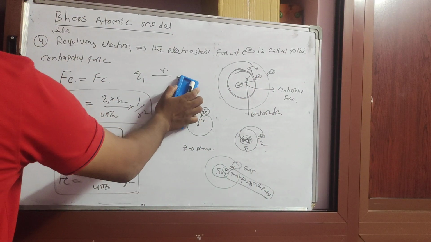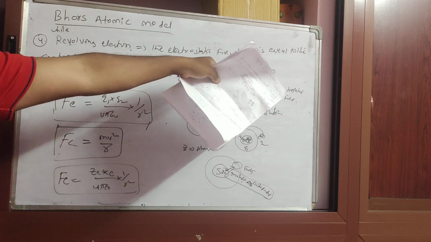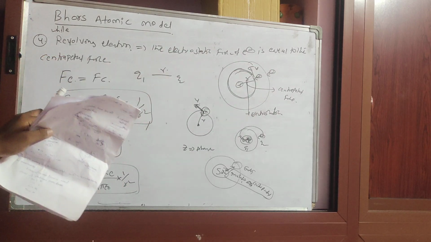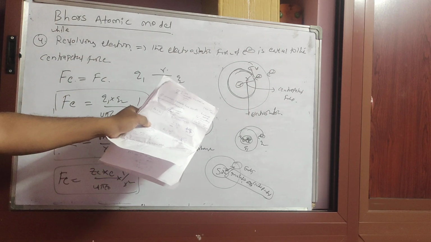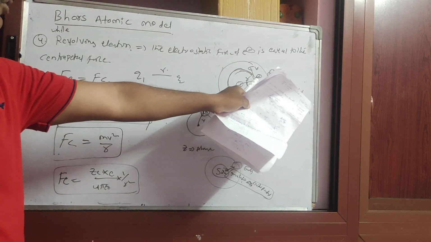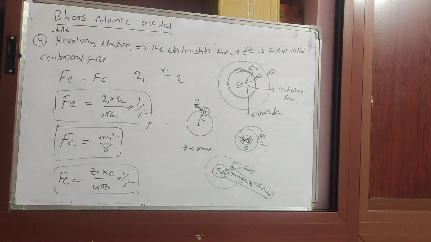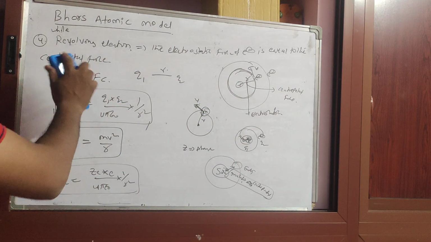Next, for a revolving electron, the electrostatic force of attraction is equal to the centripetal force. While an electron revolves around the nucleus, the force of attraction between the electron and nucleus, that is the electrostatic force, is equal to the centripetal force of the atom. Then only will it exist.